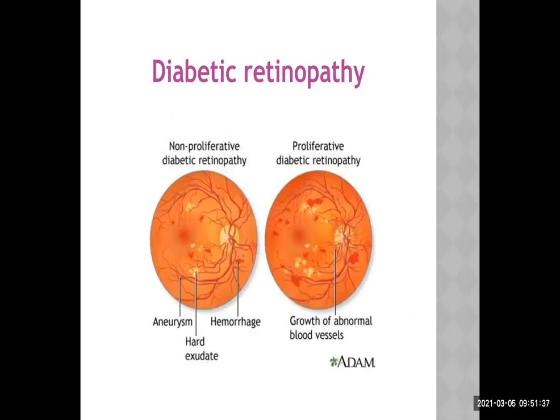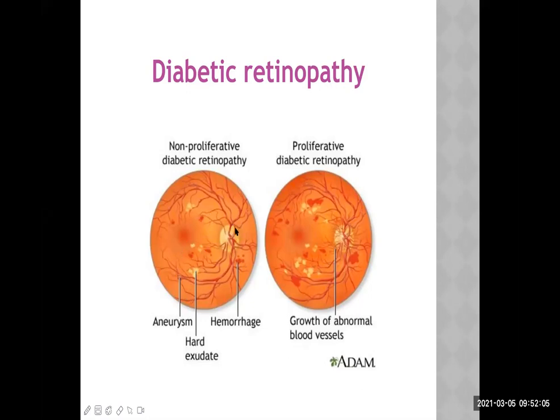Now let's see some pictures which will show the same thing. This is non-proliferative diabetic retinopathy, also known as background diabetic retinopathy, and this is proliferative diabetic retinopathy. Now see here, these are aneurysms, microaneurysm formation, hard exudate. Hard exudate means leakage of the protein or substance there, and these are the different areas of hemorrhage inside the retina.